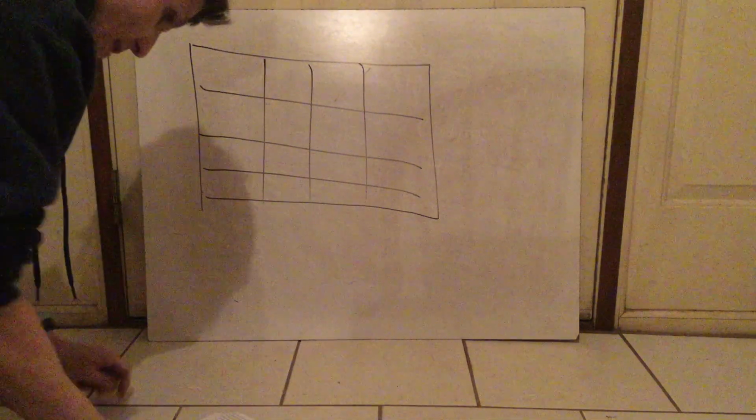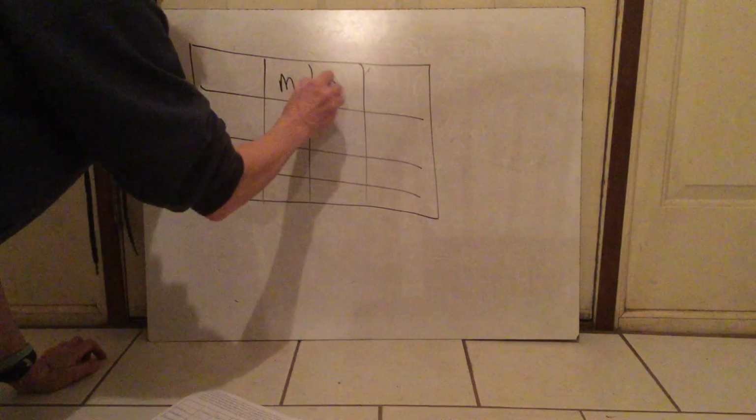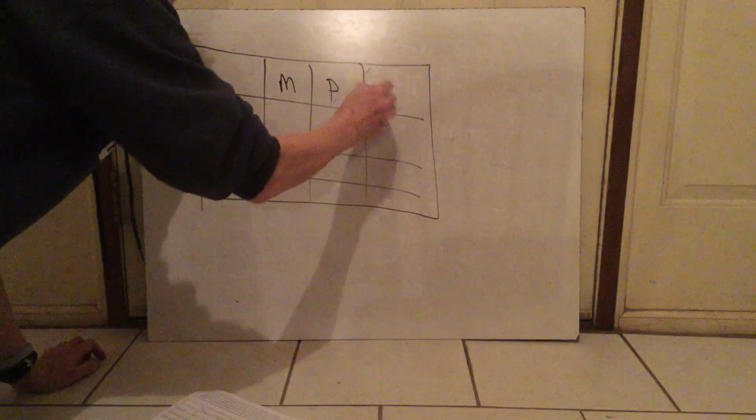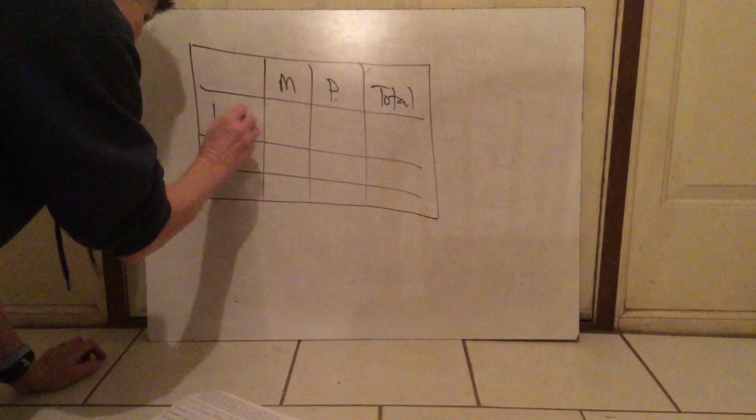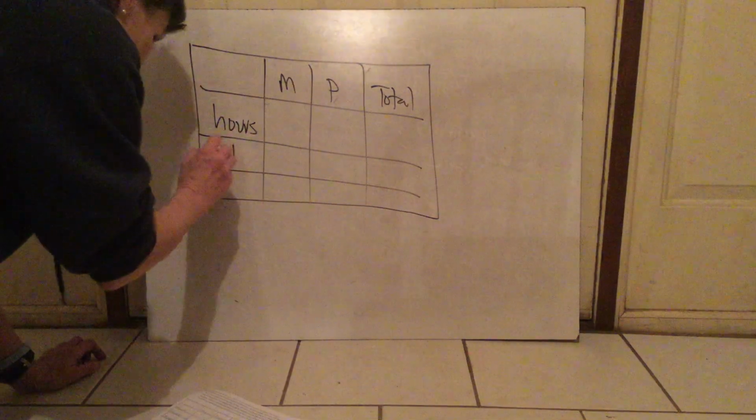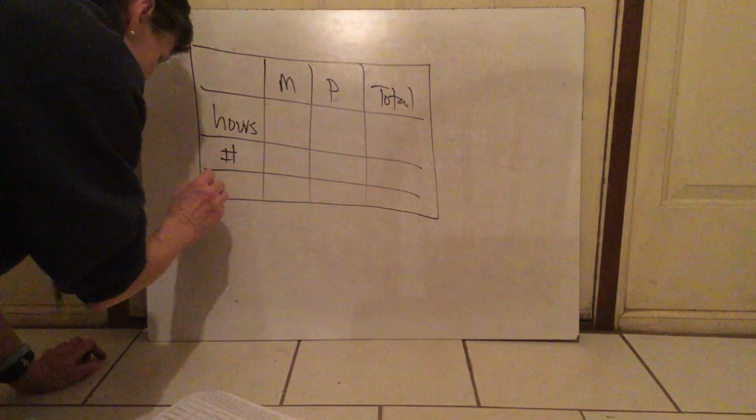So this time we are mowing and pruning. And my graphs are getting worse and worse as we go. So we're mowing, pruning, total. And we have hours, number, and income.